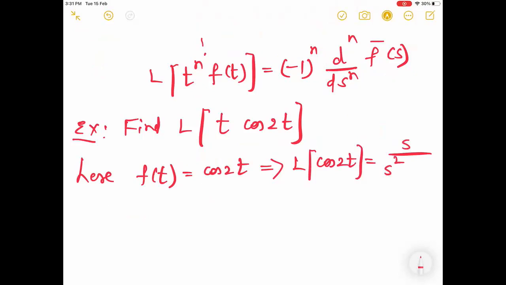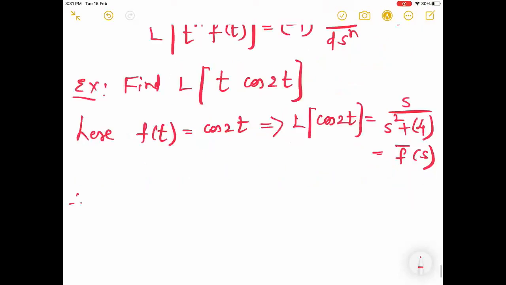Numerator is s only, s upon s square plus a square, where a square is 4 here, 2 square. So s upon s square plus 4 is our f bar s function. Are you getting it?